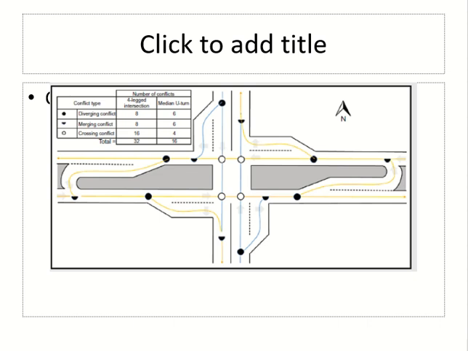So by blocking the left turnings from the north-south direction, we have reduced 2 diverging conflicts, 2 merging conflicts, and how many? 12 crossing conflicts. Clear?